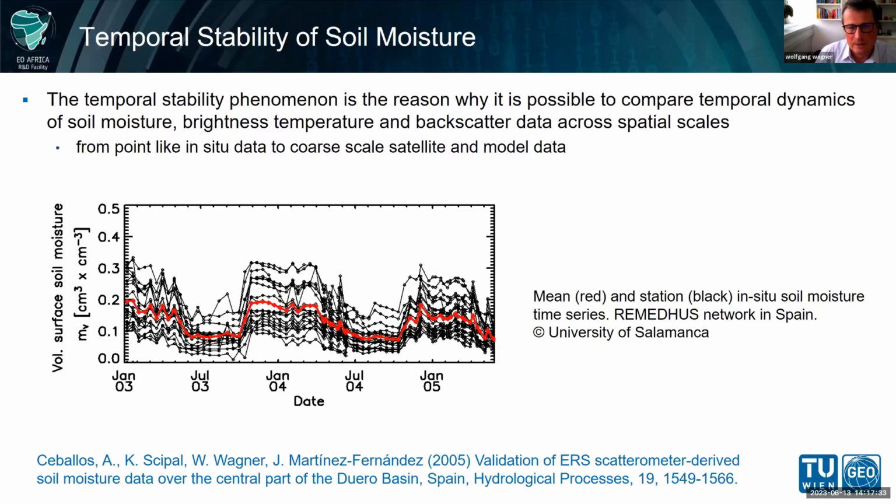And what you will find is that the temporal dynamics from all the stations and the pixels tend to be the same, because essentially the soil moisture variability in time is driven by precipitation and evaporation, but they may have different absolute values.